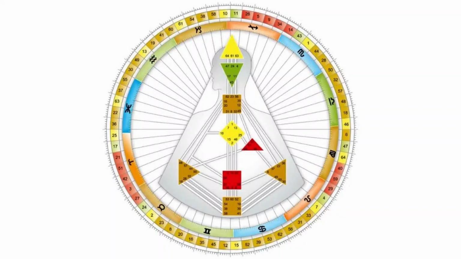Gate 34, power, the power of the great. Location, sacral center. Channel 34-20, the channel of charisma, also connects to 34-10 and 34-57.